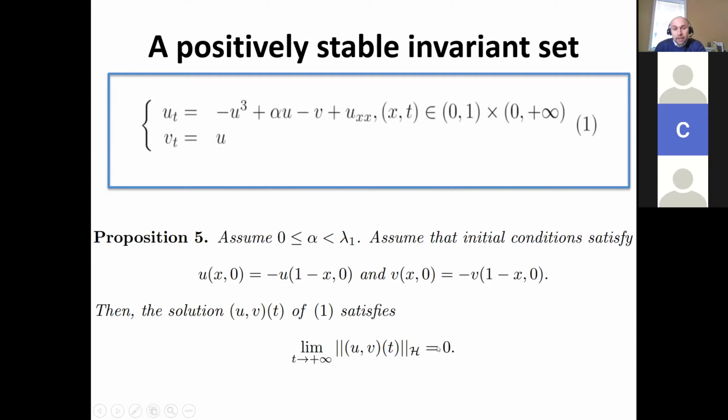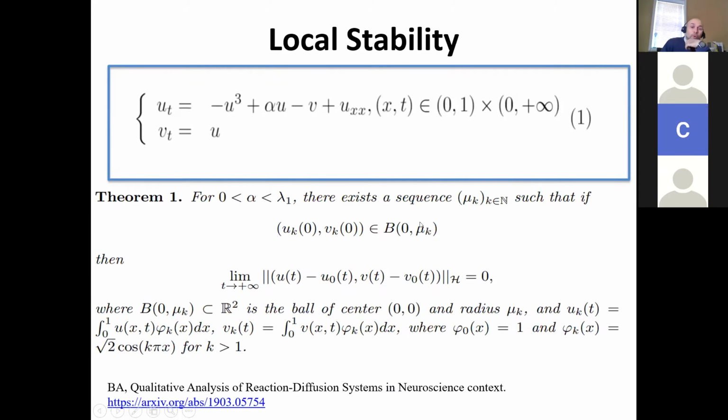All right. And then you have a more general result because this is a local stability result, again, for alpha between 0 and lambda 1.